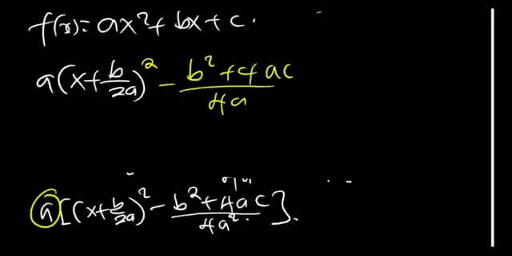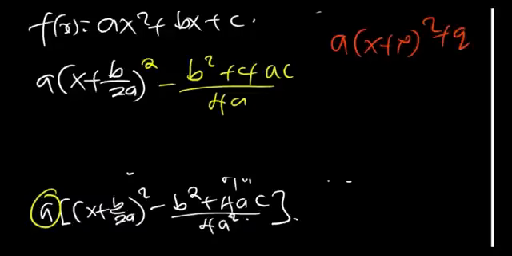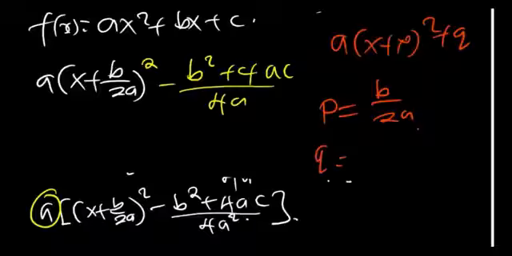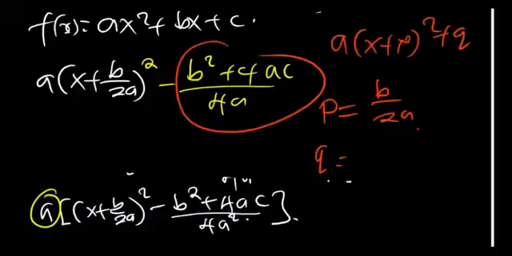So whenever I'm trying to come up with this a(x plus p) squared plus q, meaning that this p is the same as b over 2a, okay, and q is the same as this.